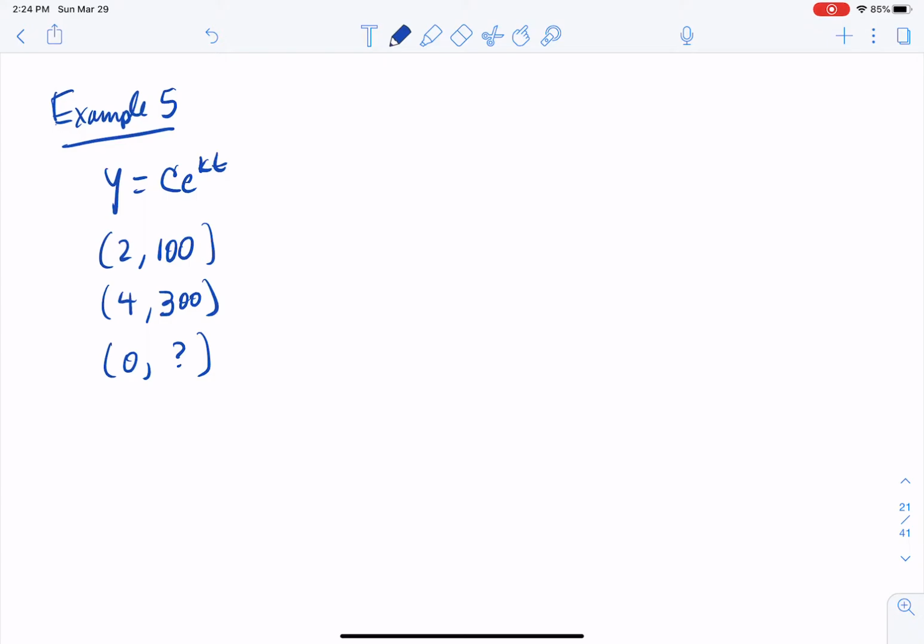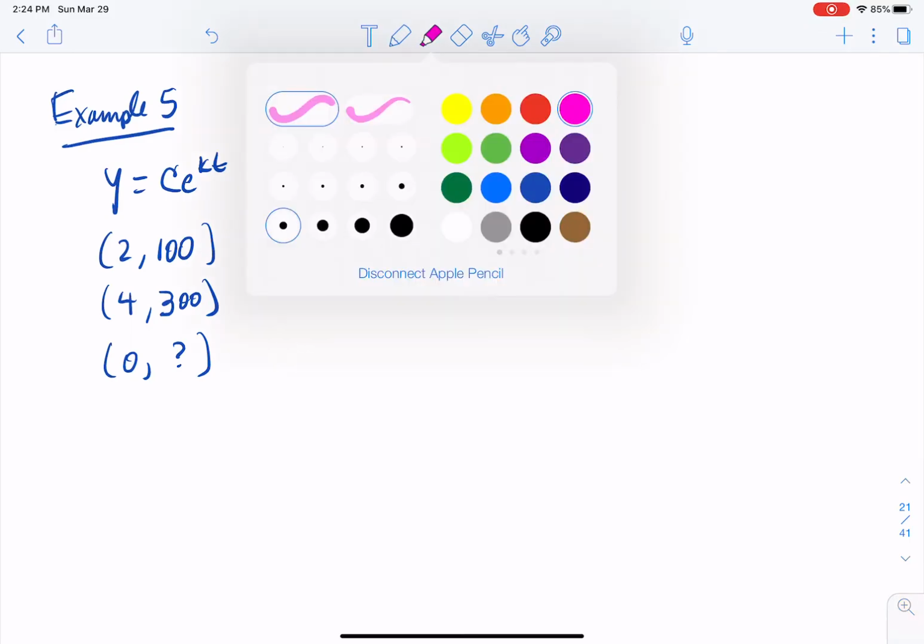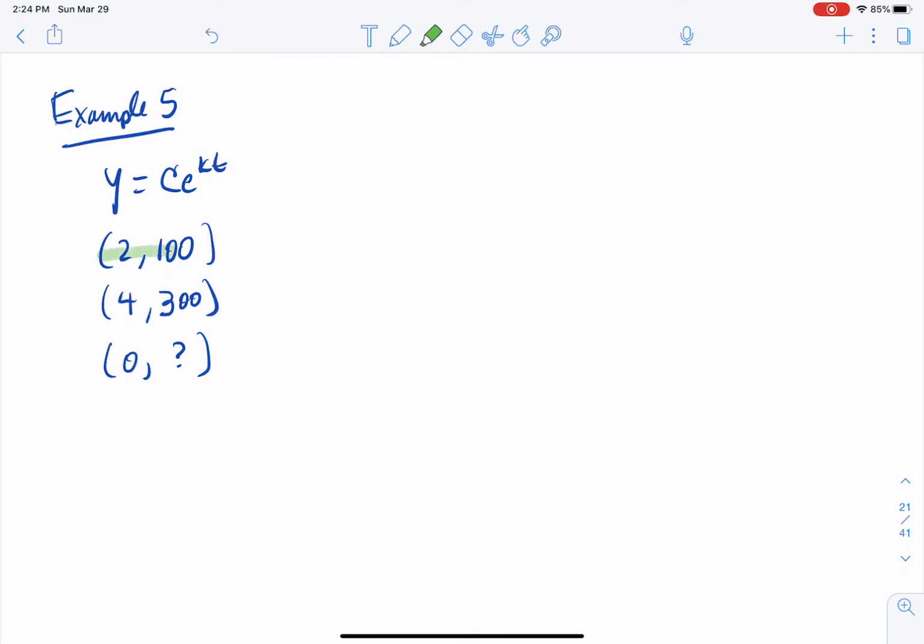All right, so let's give it a try. First we're going to plug our 2 and 100 into our equation. So we have 100 for our y value is equal to c times e to the k times 2, which I'm going to write as 2k.